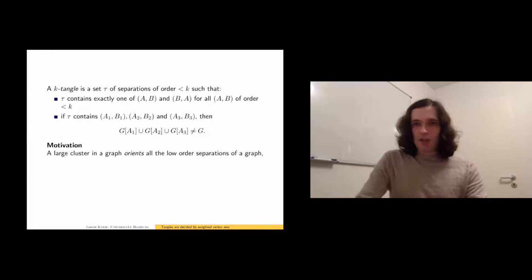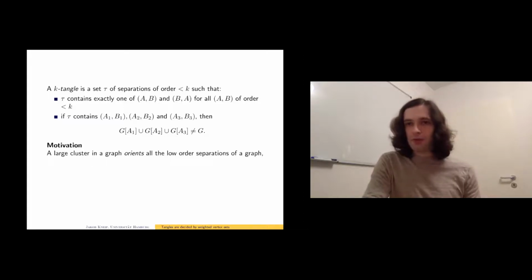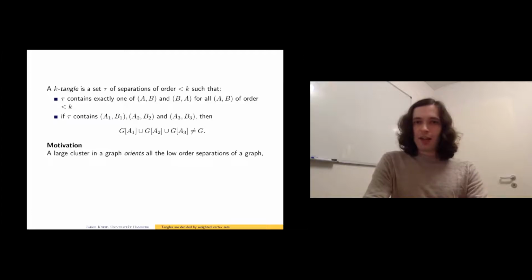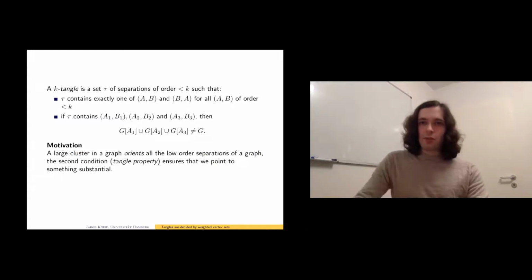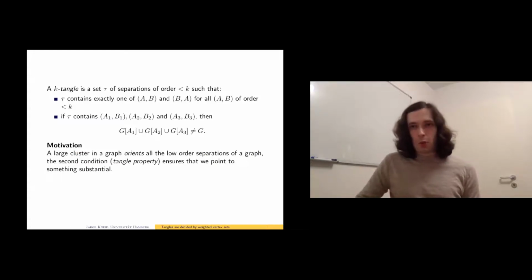So if you have a large cluster, think of your favorite kind of cluster maybe, and this cluster is very large compared to this order k, so separations cannot use many vertices to cut through the graph, then no separation is going to be able to cut your cluster into two halves. So whenever you have a cluster in your graph, it's going to be, for each low order separation, quite clearly on one side or the other. And this will define a tangle in this sense.